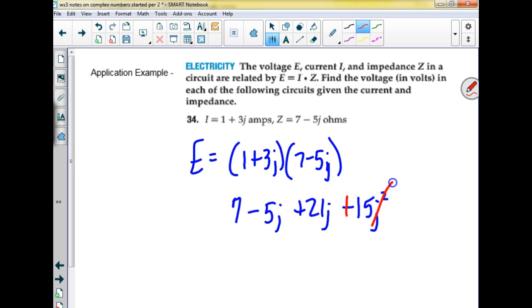Yeah, plus 15. So then we'd have 22 plus 16J, is that right? And it is voltage. It says they want that in volts. There's not an application question on the quiz. And I think the one on the homework, doesn't it just ask you to add? The one on the homework that's a word problem just asks you to add. You don't have to multiply them.